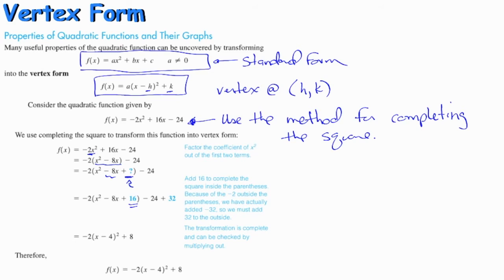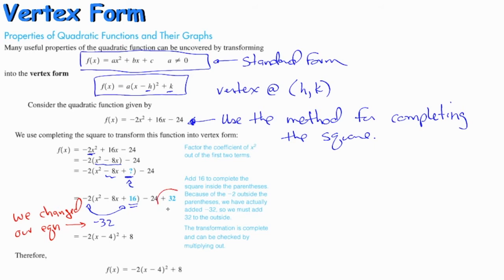Now we've changed our equation by adding this constant. So we have to say this -2 times this +16 is -32. That is how we changed our equation. So to balance our equation, we need to do the opposite of that.